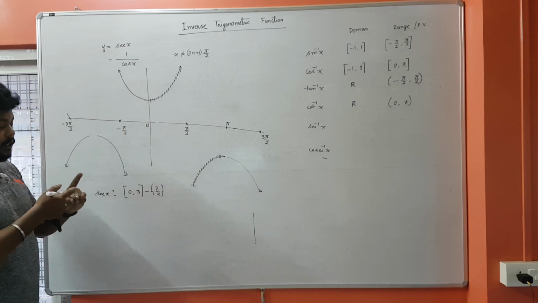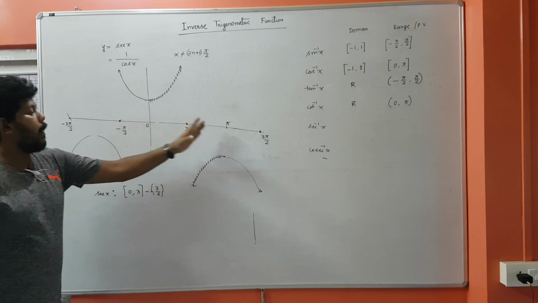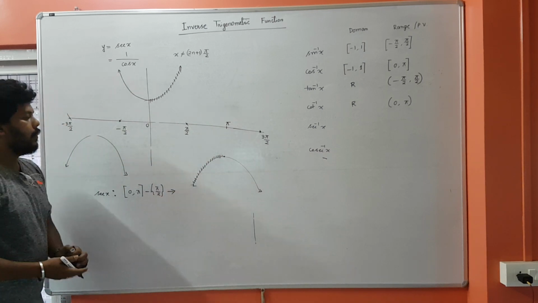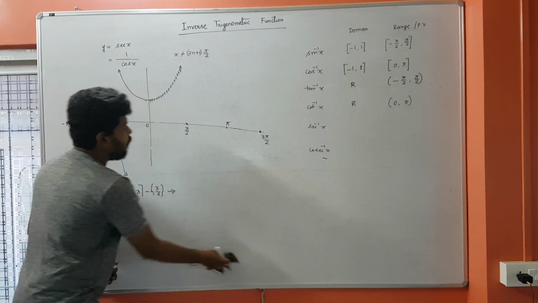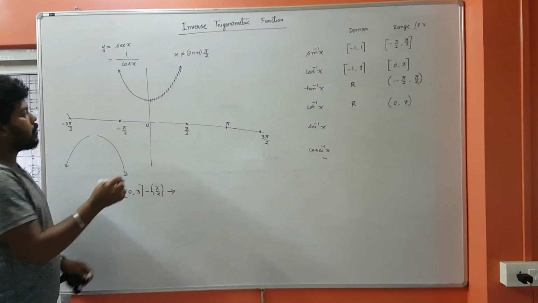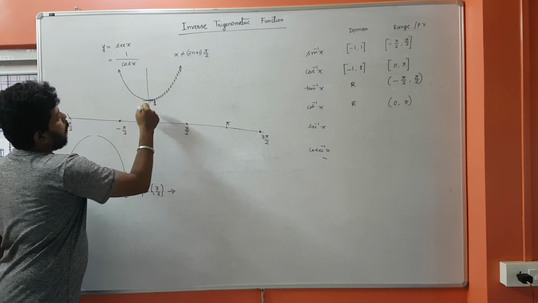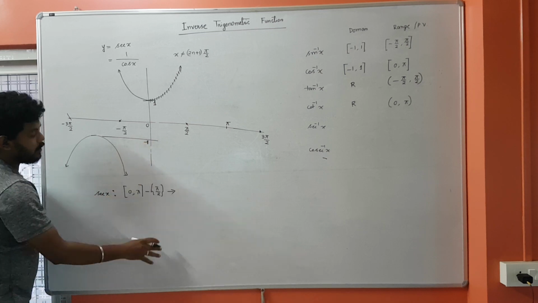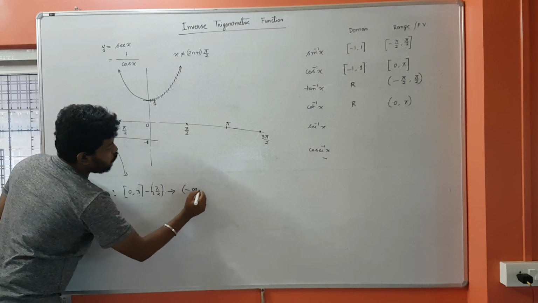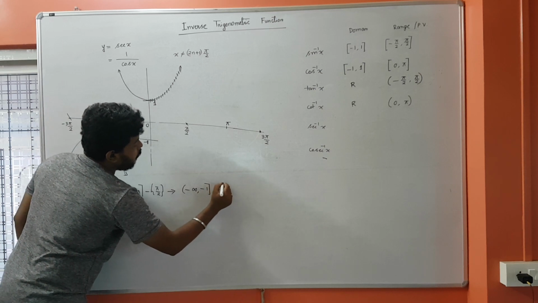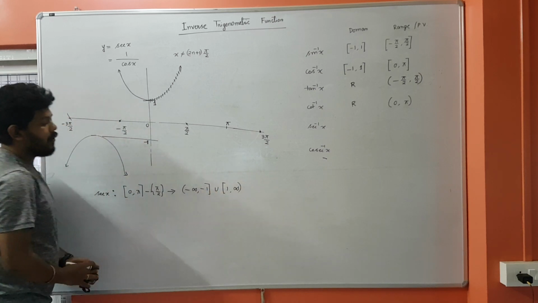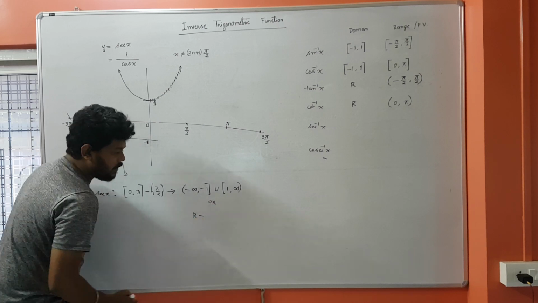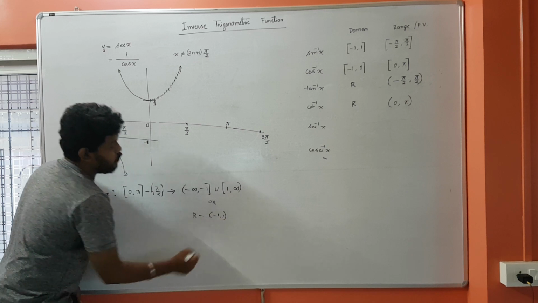The range will be the value of sec x starting from 1 up to infinity and minus 1 to minus infinity. We can write minus infinity to minus 1 union plus 1 to infinity, or all real numbers except the interval minus 1 to plus 1.